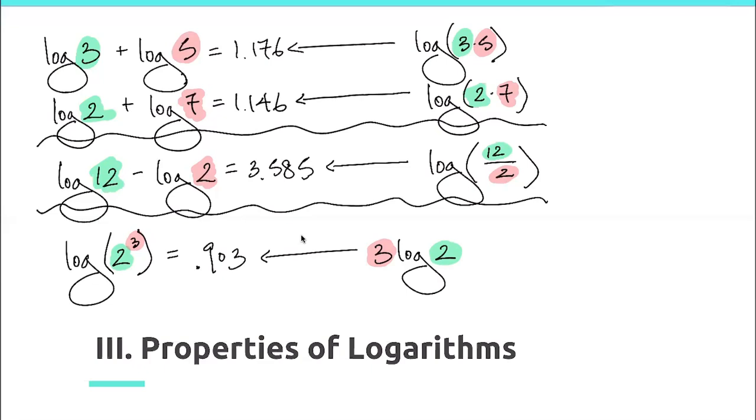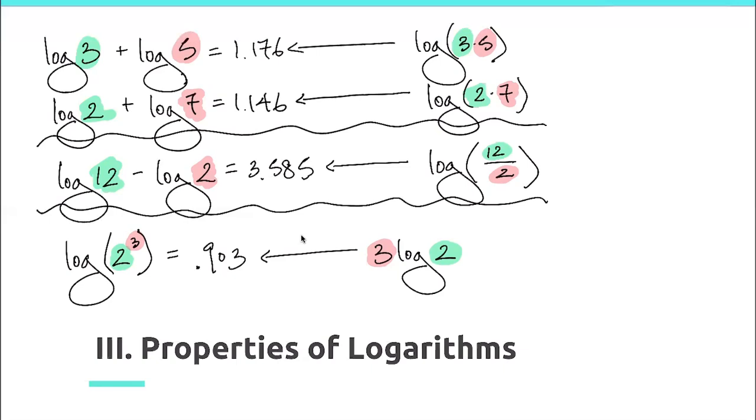If you have 2 logs and they are subtracting from each other, it will always be the same thing as if you condense it to 1 log and you divide. In this last case, if you have a log of something to a power, you can actually bring that power down as a coefficient, and that might help with some of the equation solving, okay?